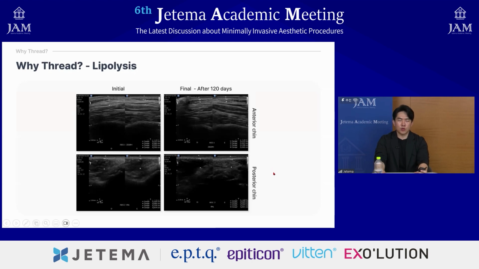I usually use 23 gauge to 21 gauge Jamber for the infraorbital hollowness, because it has strong holding power. If you use 27 gauge Jamber, it can make collagen, but it doesn't have the power to hold the skin tighter. So the patient might feel that he or she doesn't have any direct effect after the procedure. So it's better to use 23 gauge Jamber.